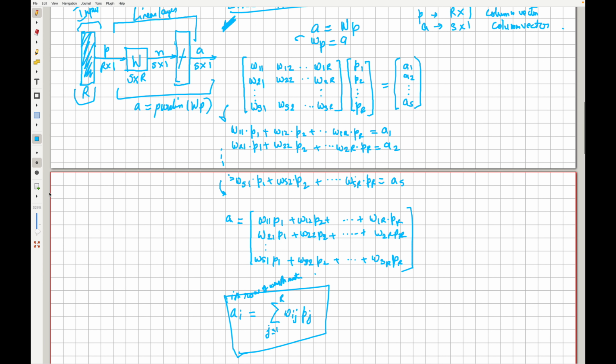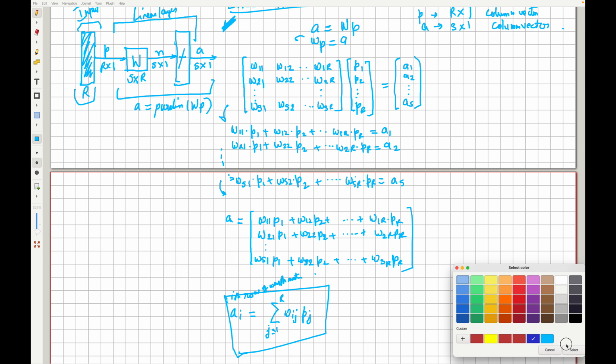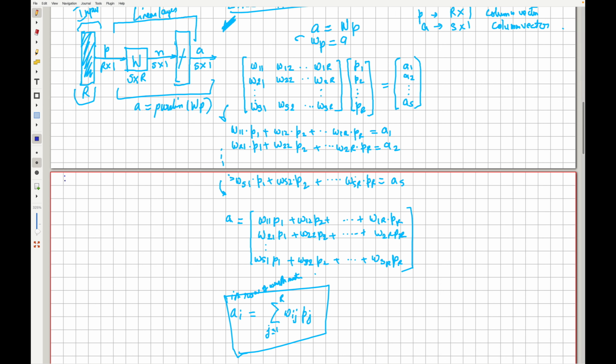So let's say if we have input P as PQ, then it would have a corresponding output, let's say TQ, for each Q that goes up to capital Q. So the idea is that what we are looking for are these pairs P1 T1, P2 T2, all the way up to PQ, TQ.